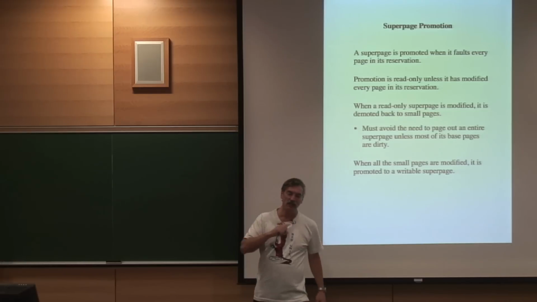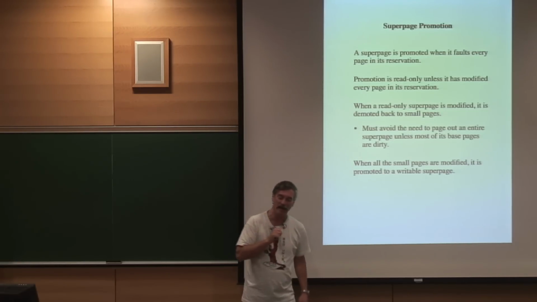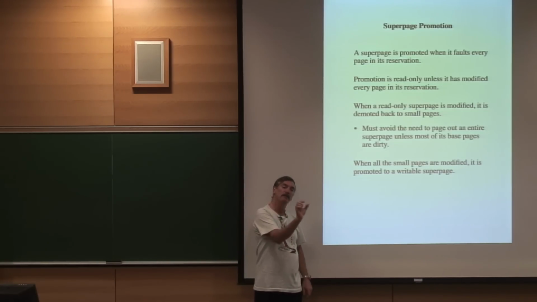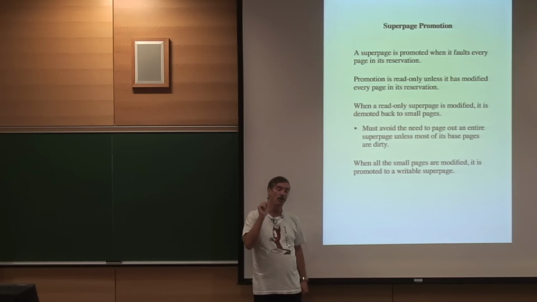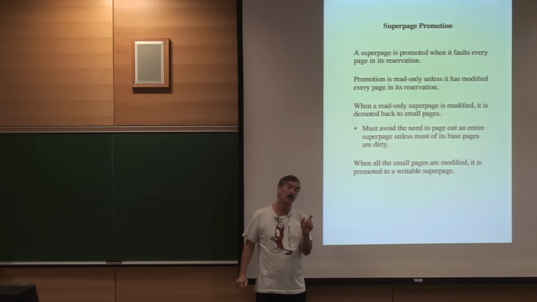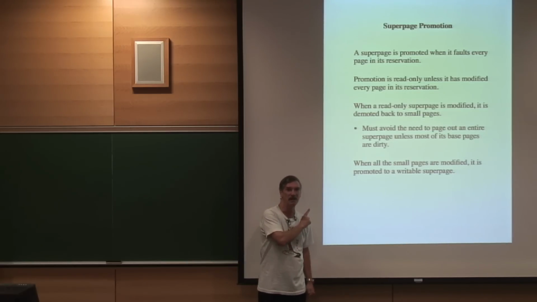Now, the question is, do we promote it as a read-only page, or do we promote it as a writable page? Well, when you have each of those little individual pages, each one of the page table entries has a modify bit associated with it, so we can tell whether or not you've made any changes on that small page. Once we promote it to a superpage, we get one bit for the entire superpage.